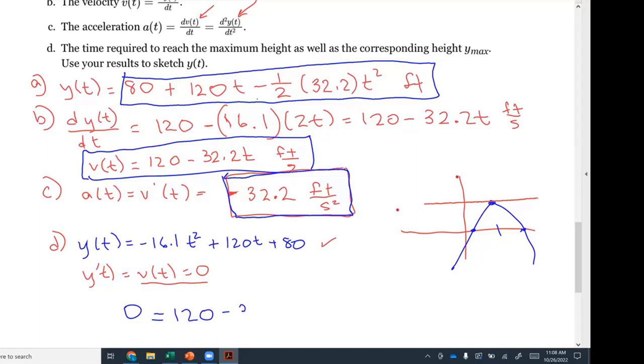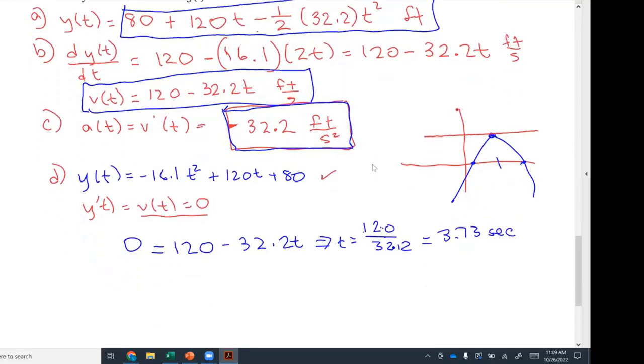Well, we already took the first derivative, so all we have to do is say 0 equals 120 minus 32.2t. It's going to be 120 over 32.2, which is equal to 3.73 seconds.